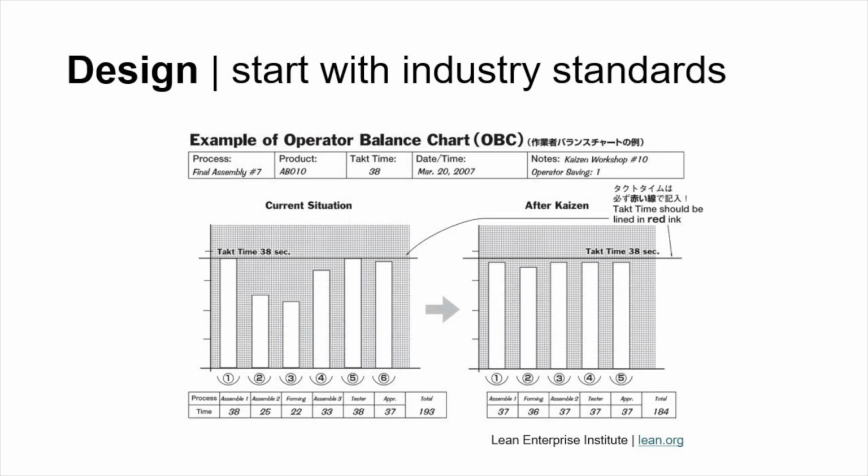took. This is another kind of chart that is used in lean manufacturing processes. It's called an operator balance chart. And here the idea is you have multiple operators performing different assembly tasks, and you're going to measure how long it takes to complete each one of those tasks.